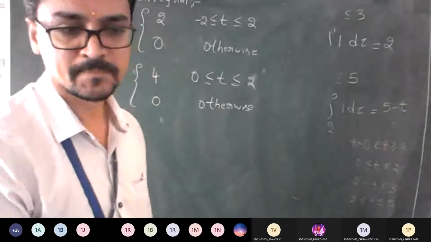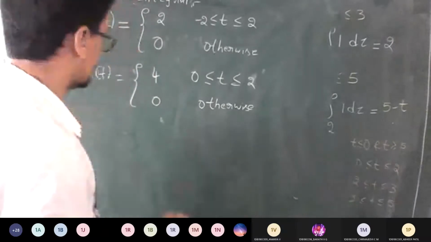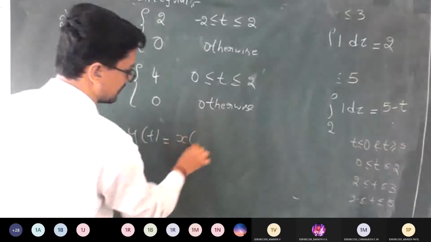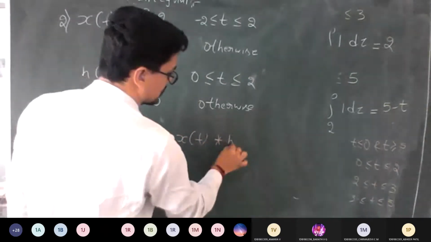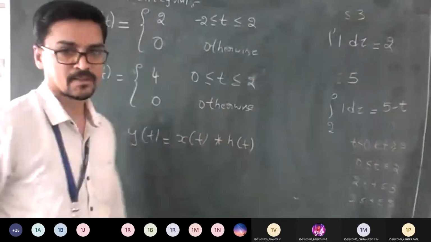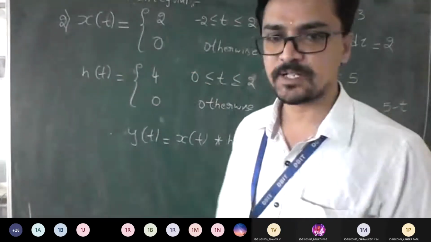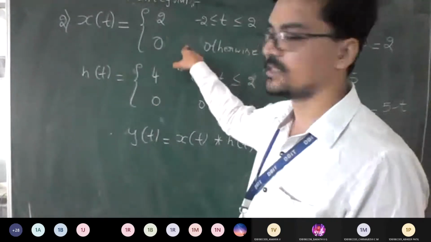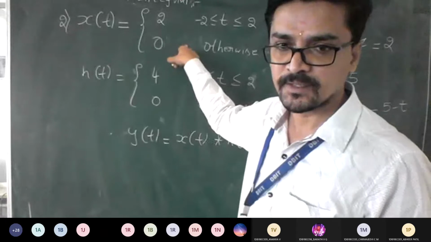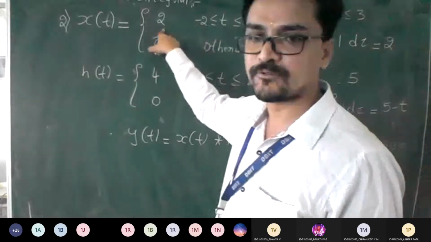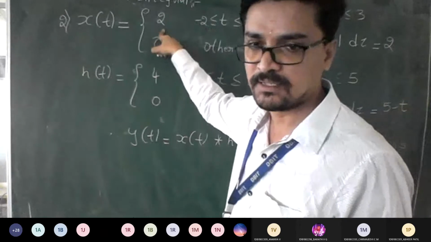Is the question visible here? Yes, sir. Okay. So you need to get y of t is equal to x of t convolved with h of t. This is the given question for 10 marks. So stick with the procedure. You know how to plot this sketch, right? Between -2 to 2 with amplitude of 2, there is one signal.